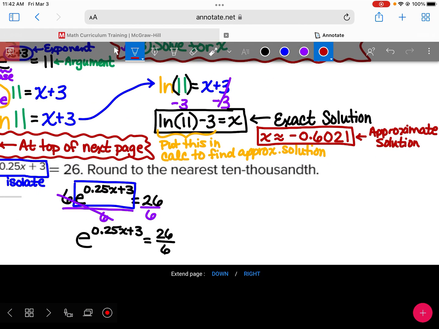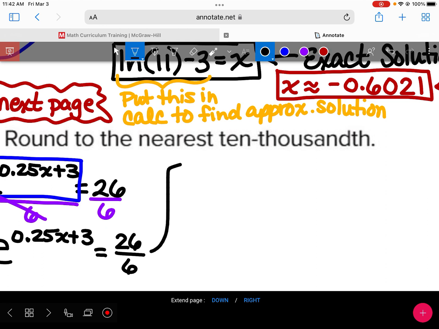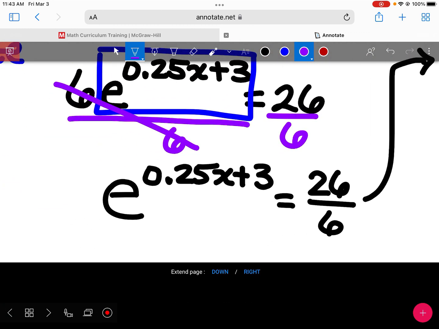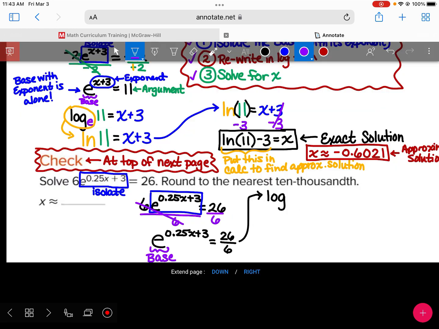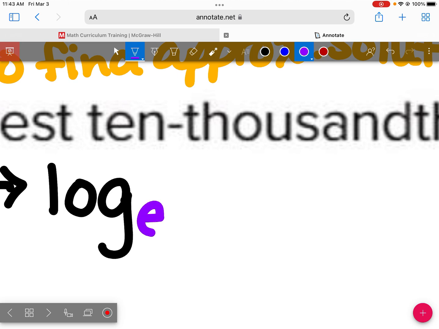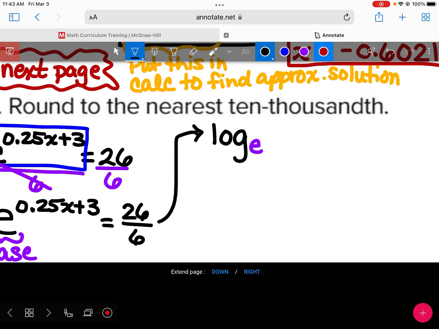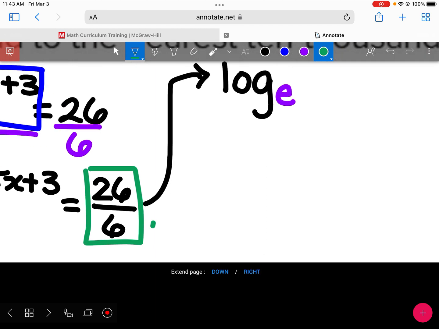If I'm going to write this in log form, what does it have to start with? Log. What would come after the G? E, my base. So log base e. What would come after the log and the base e? 26 over 6. This whole thing right here is the argument.